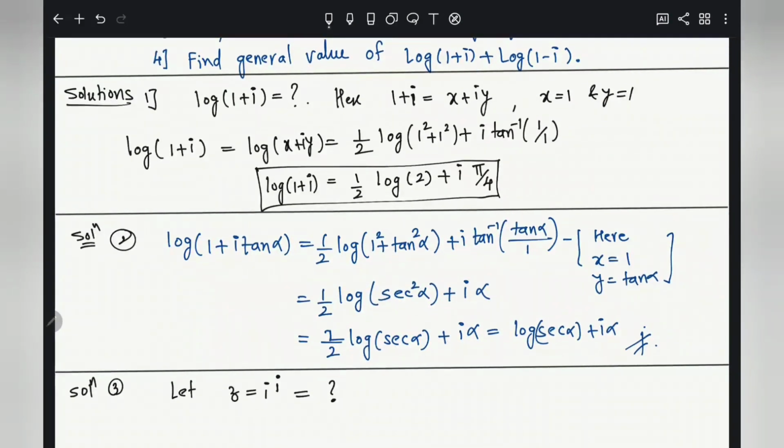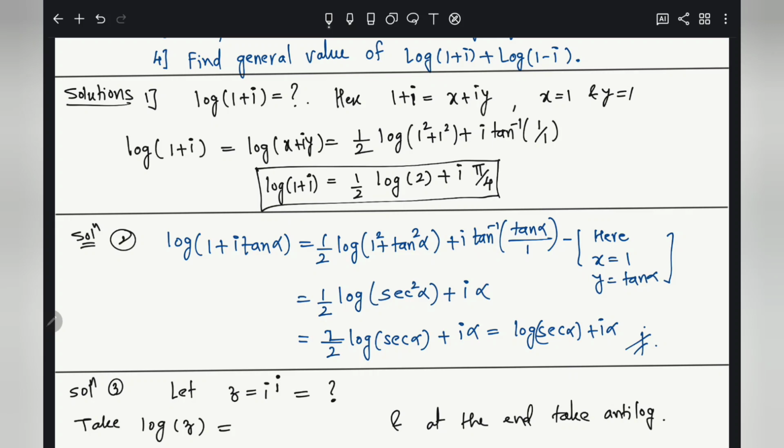How we are going to approach this problem is, we will take the log of z and find the answer, and at the end take the antilog.